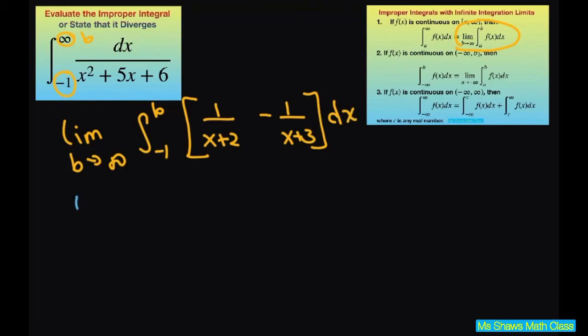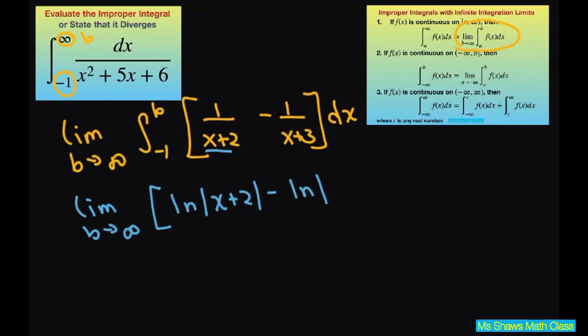We're going to get the limit as b approaches infinity. This is going to be ln of absolute value of x plus 2 minus ln absolute value of x plus 3. And we're evaluating this from negative 1 to b.